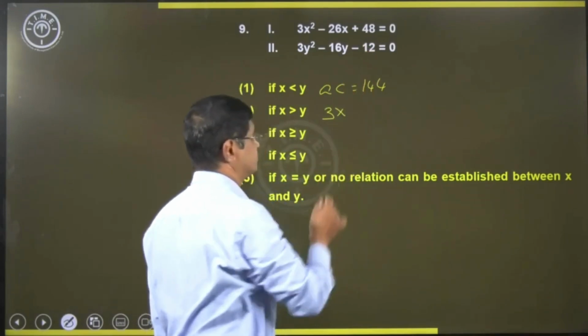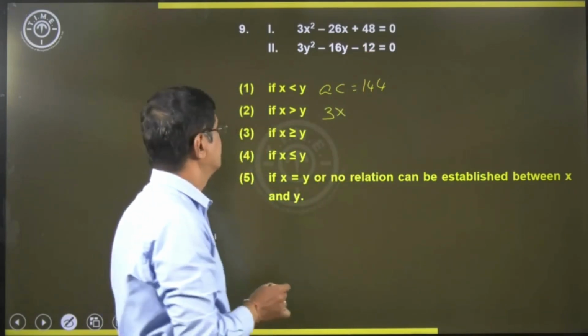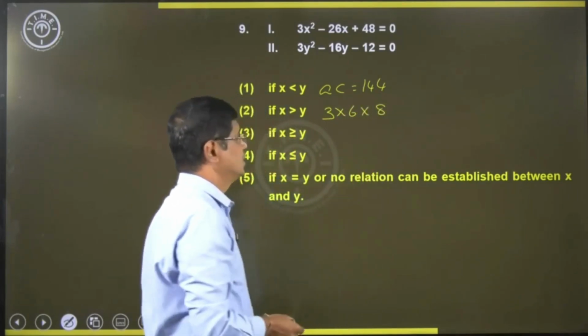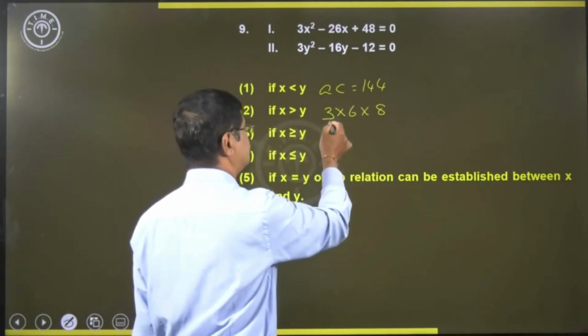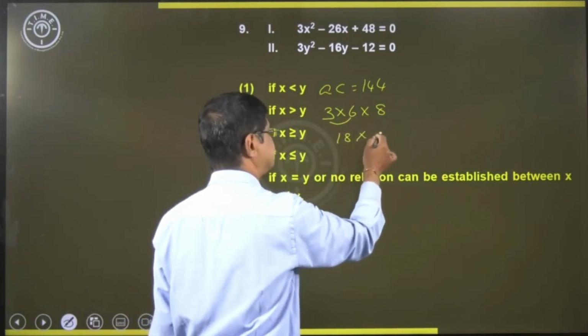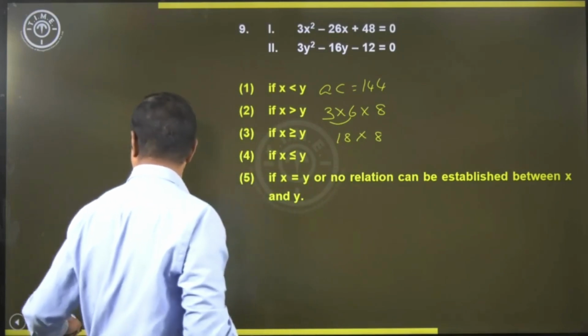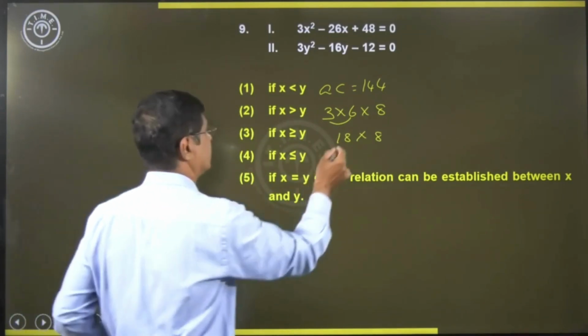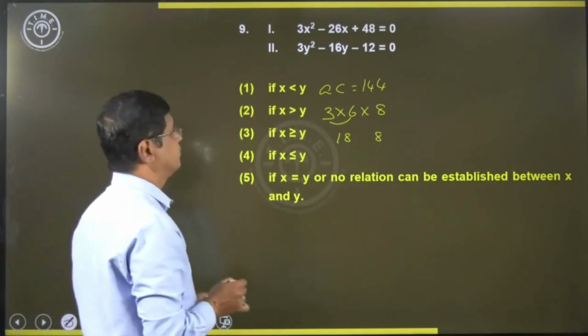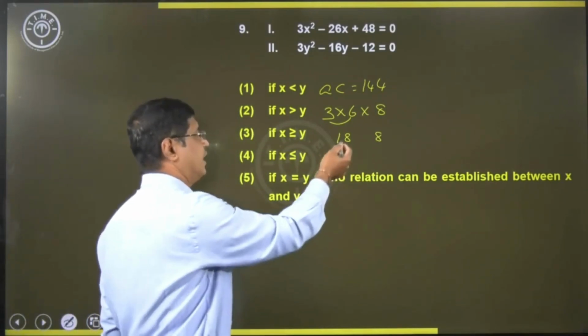Here I am expressing 3 as it is 3. And what about this 48? I am writing 48 as 6 into 8. Dear students, if you observe, 6 into 3 is equal to 18. 18 into 8 is equal to 144. So what are the factors here? 18 and 8.